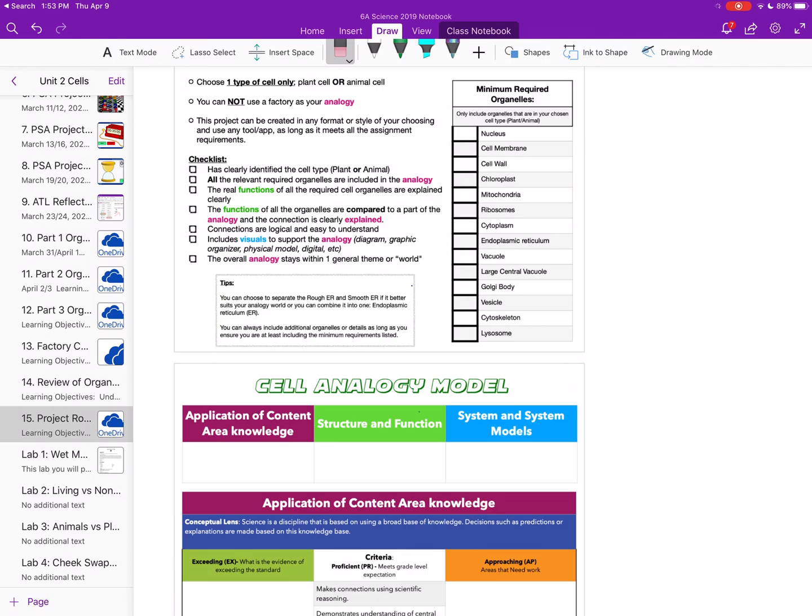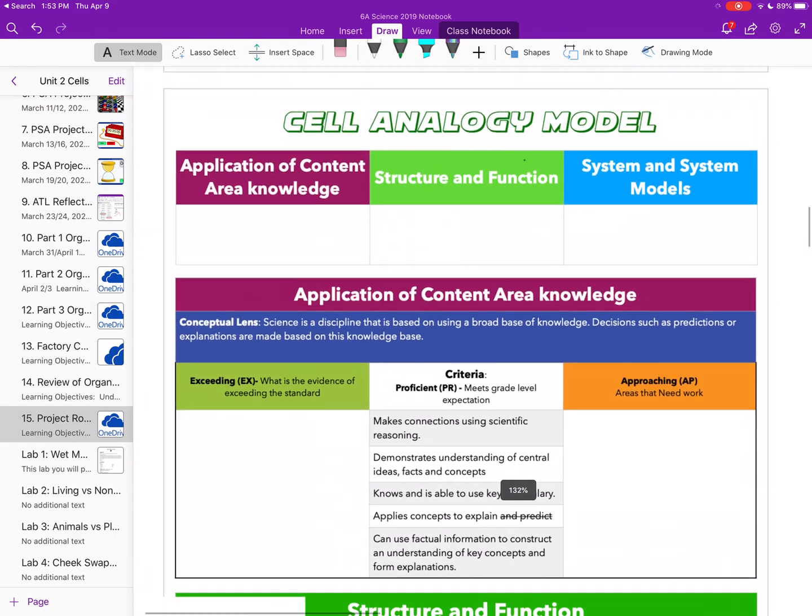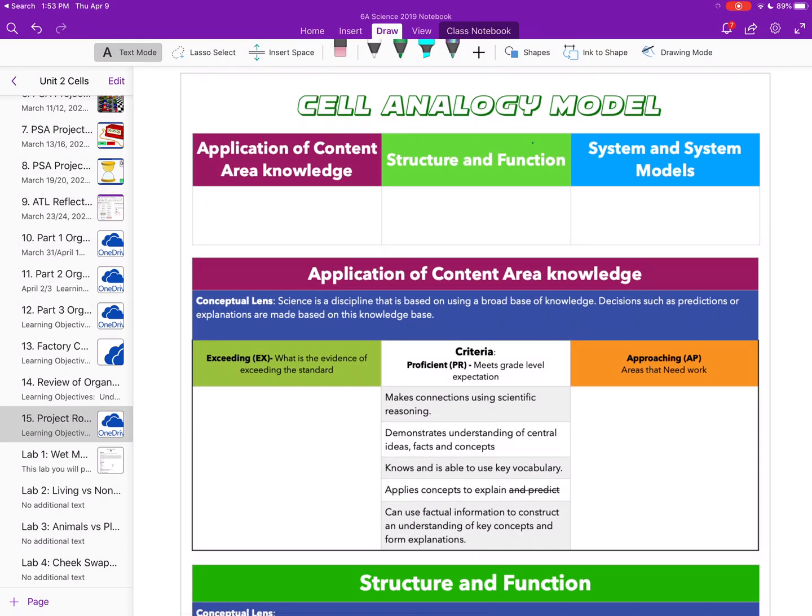All right, I'm going to just quickly go over the rubric. Same as always, our usual project rubrics. You're getting a grade for application of content area knowledge. So this comes down to those things that we mentioned above. This is the apply your knowledge. This is the explain, make connections.